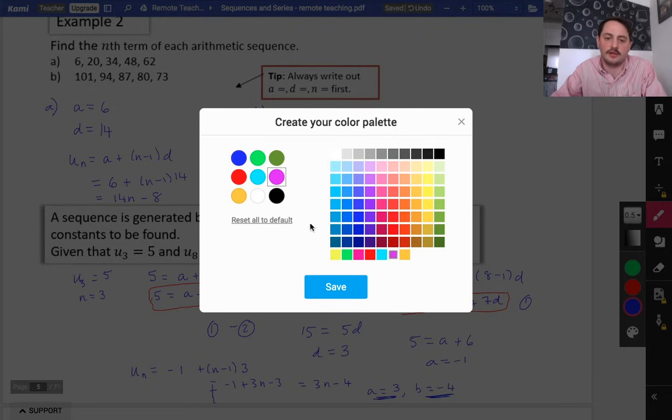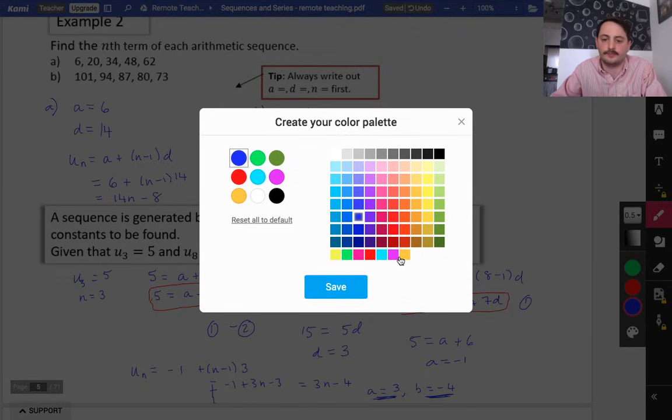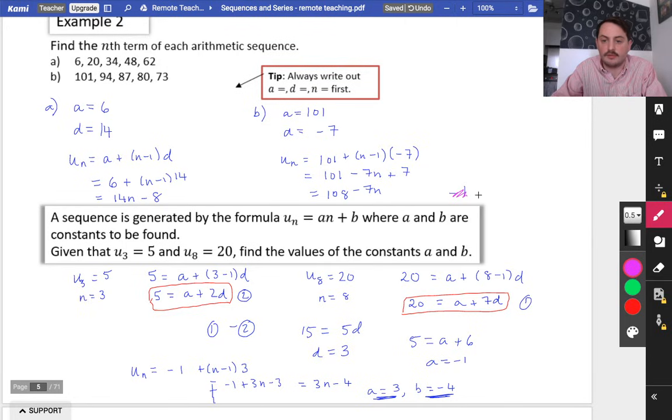Let's just do this in a different colour for a second. So here, we've said that the first term is -1. Oh, haven't even changed to a different colour. Let's go back here. So we've said that the first term is -1, and we've said the common difference is, what did we say the common difference was? 3. So it would go -1, it would go 2, it would go 5.